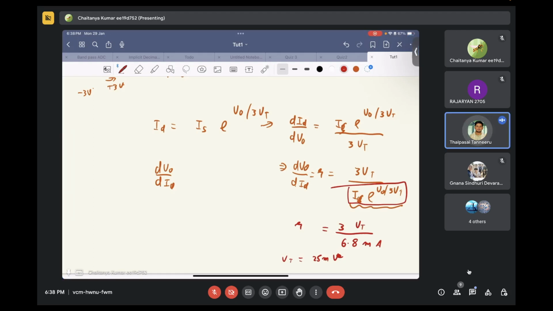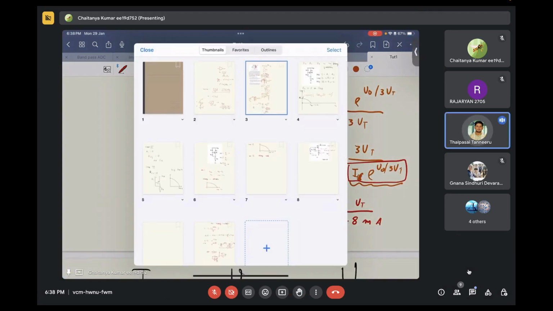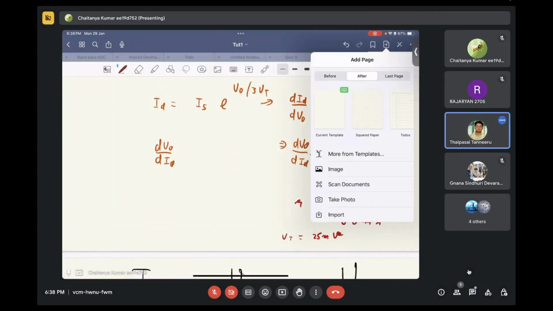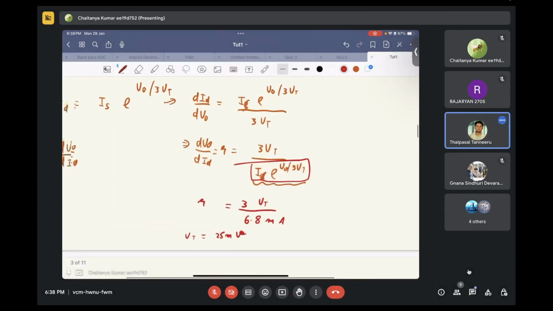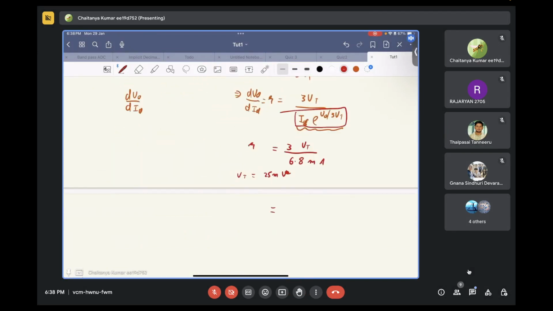The milliamperes and millivolts cancel. So you have basically 75 divided by 6.8, and that comes out to be roughly 11.02. Okay, thank you.